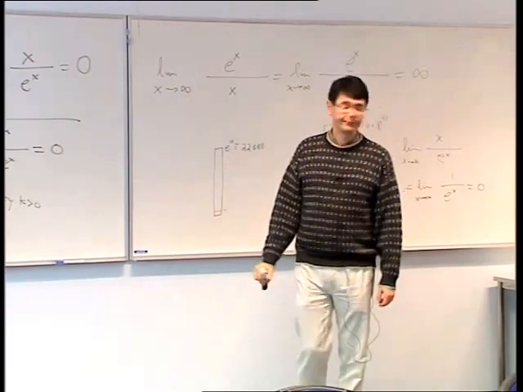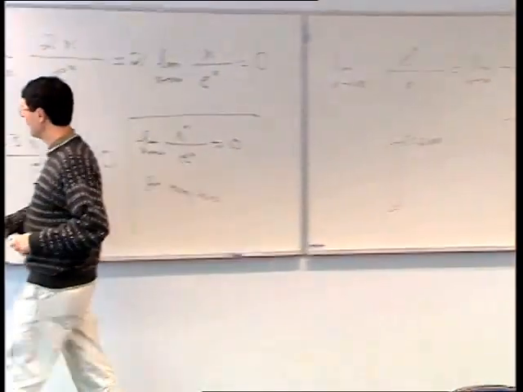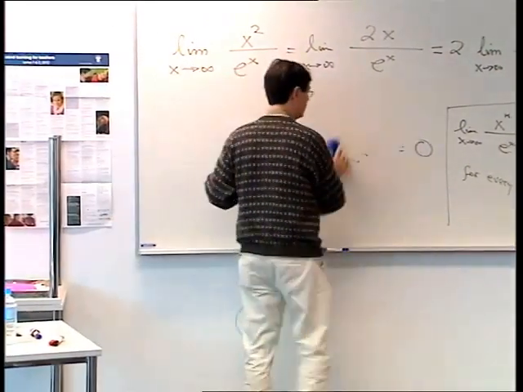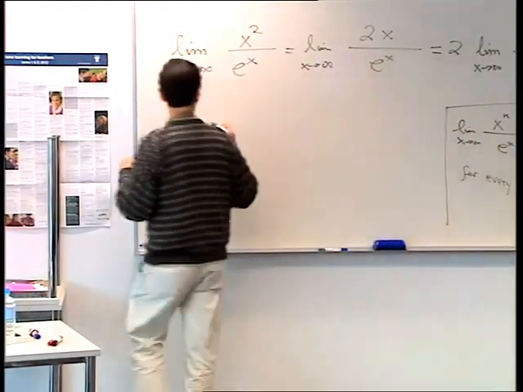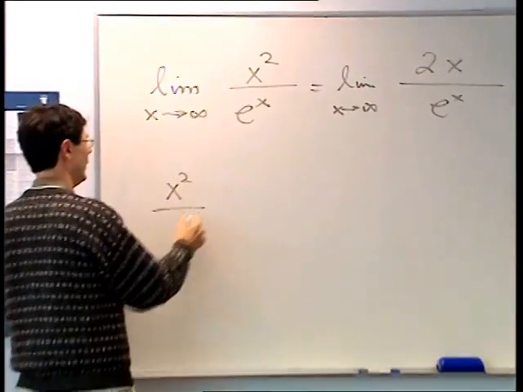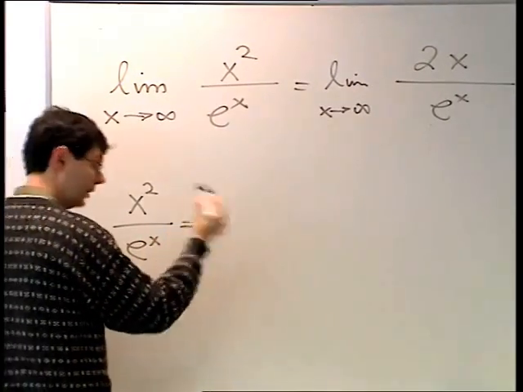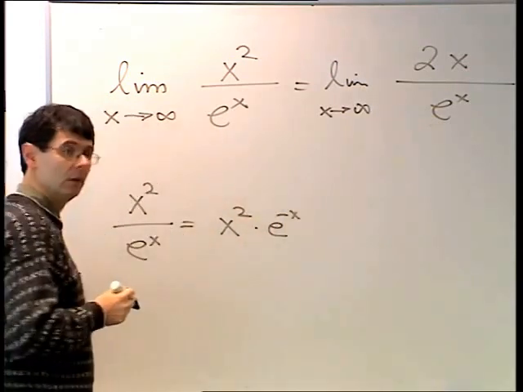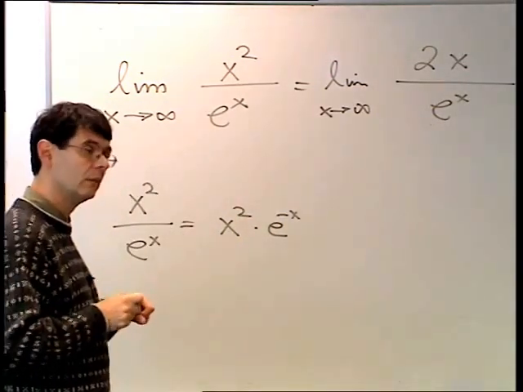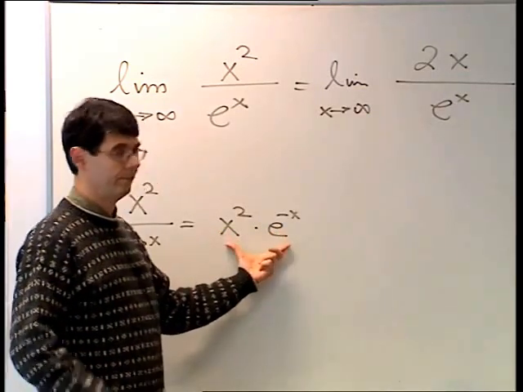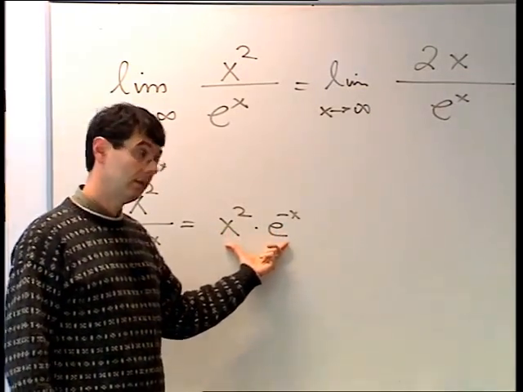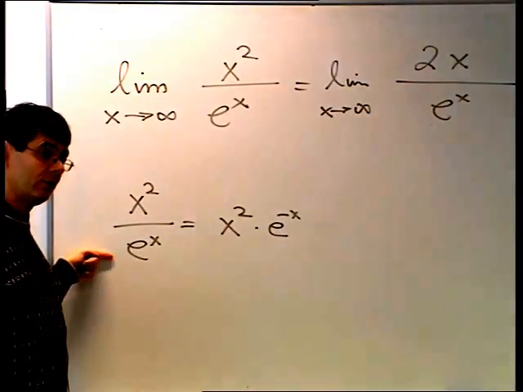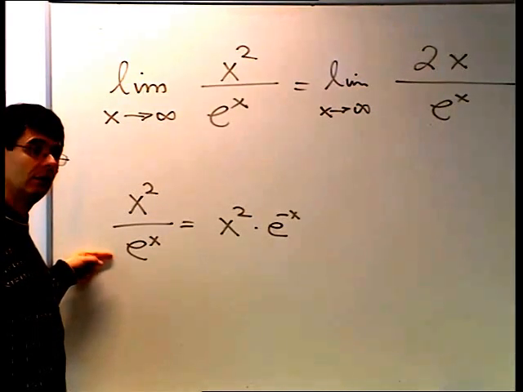Okay? I want to point out to you that an expression like this one can be written like the following. Instead of writing x squared divided by e to the x, you can write, and it's the same, x squared multiplied by e to the minus x. Okay? You cannot use L'Hopital here. This is a product, and L'Hopital is for fractions. You need to turn it into a fraction in order to use L'Hopital.